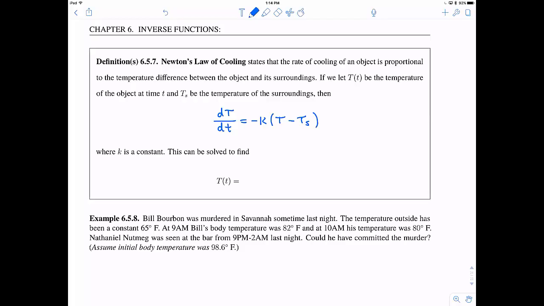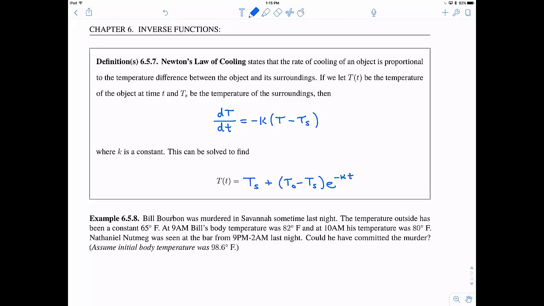The surrounding temperature is going to be T sub S. We have time t, and our capital T is temperature. If we solve this differential equation, the claim is that we get the temperature of the surrounding plus the original temperature minus the temperature of the surrounding, times e to the negative kt.